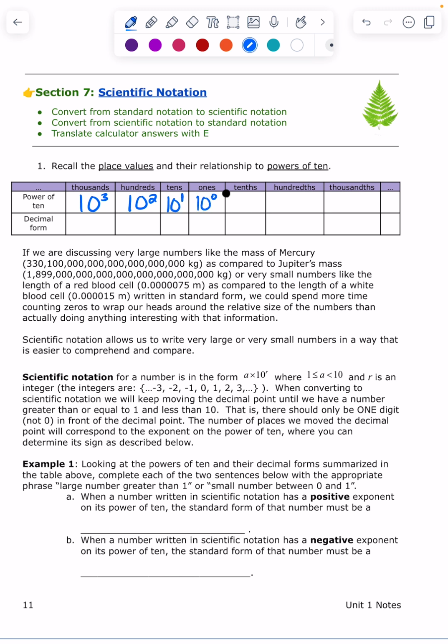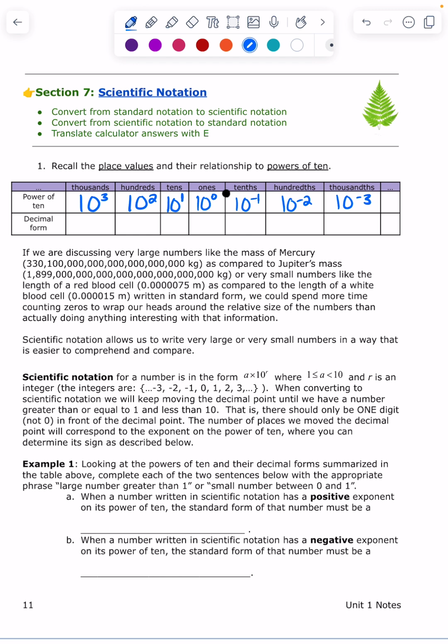And 1 is 10 to the 0 power, because anything to the 0 power except for 0 is equal to 1. And then we start using negatives. So tenths would be 10 to the negative 1, hundredths 10 to the negative 2, thousandths 10 to the negative 3. And they keep going more and more negative the further to the right you go of the decimal.